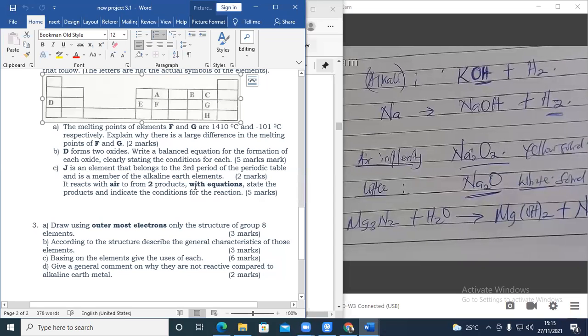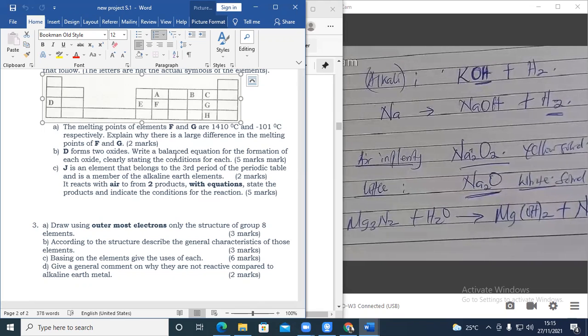Then the products above were dissolved in water. State what is observed. Write your equations of reaction. So that is how equations come. If you fail to unlock one part, for the rest you will get no mark. Is that clear? Yes. Good.